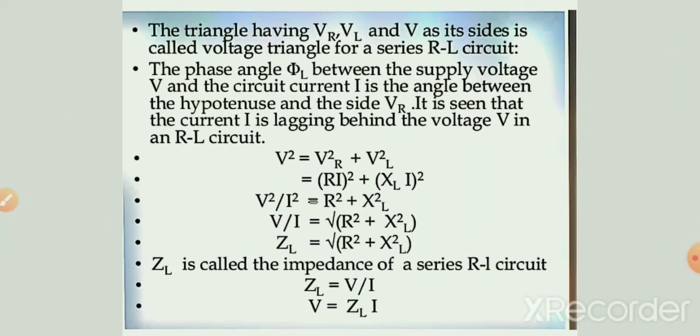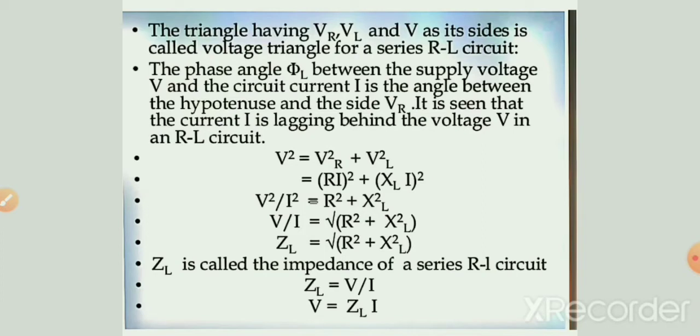Now in the series RL circuit, the current lags the applied voltage by the angle phi, in other words we can say that voltage leads the current by the angle phi.